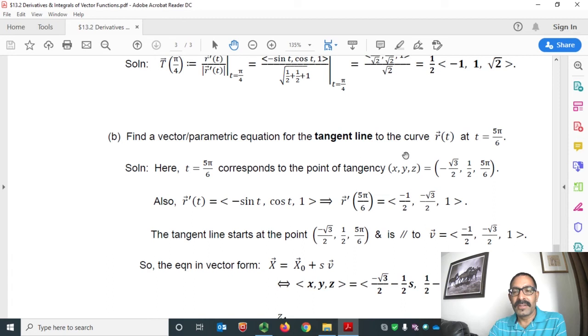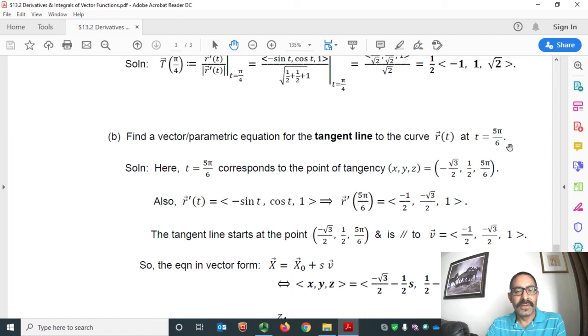For the point, put t equals 5 pi over 6, and the corresponding point x, y, z will be our point for the equation of the tangent line. Then find the derivative r prime t and evaluate at t equals 5 pi over 6. This will be our parallel vector. When you have a point and a parallel vector, we can easily find the equation of the line in parametric form or in vector form.